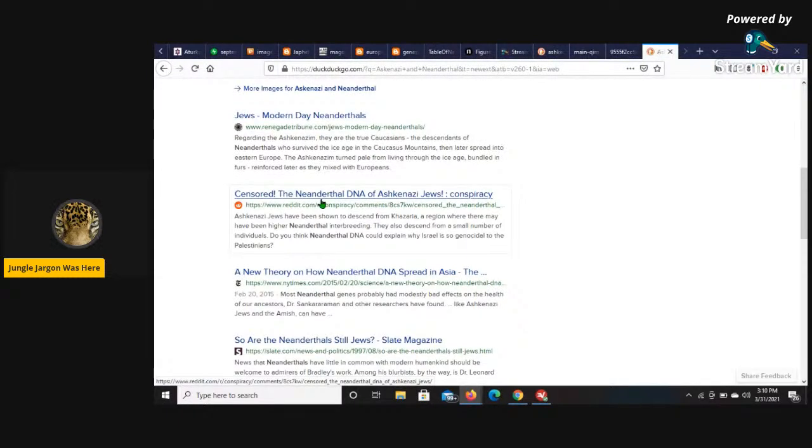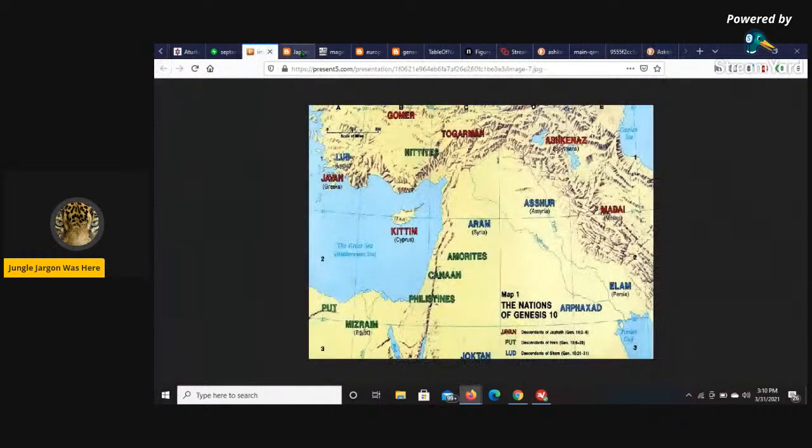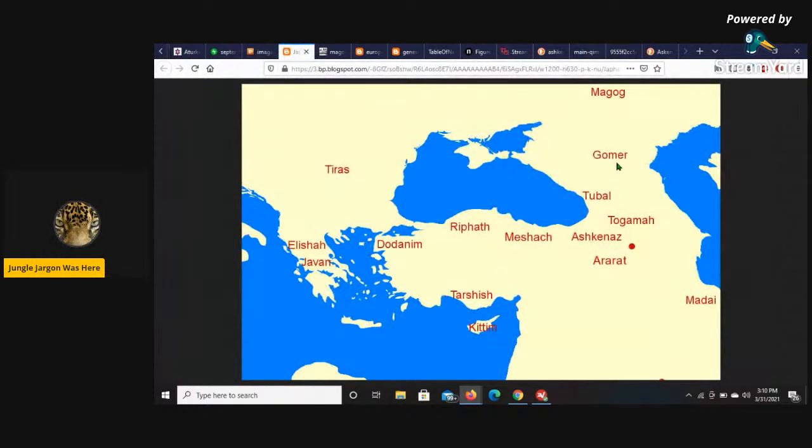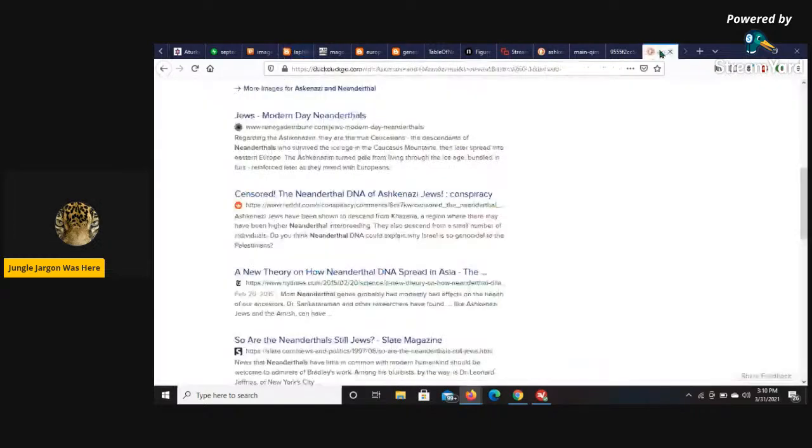It's by way of review. It's Gomer, who is the father of Ashkenaz. Gomer is the brother of Tiras and Javan, who were probably the Neanderthals. So that would be the genetic connection between Ashkenazi Jews and Neanderthals.